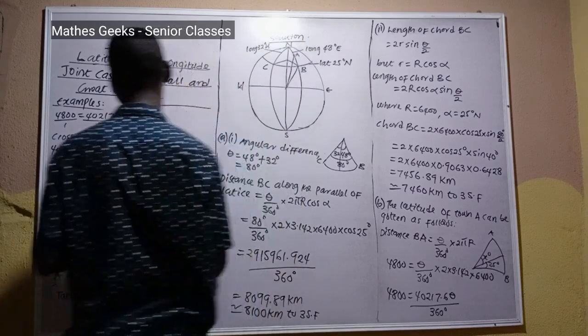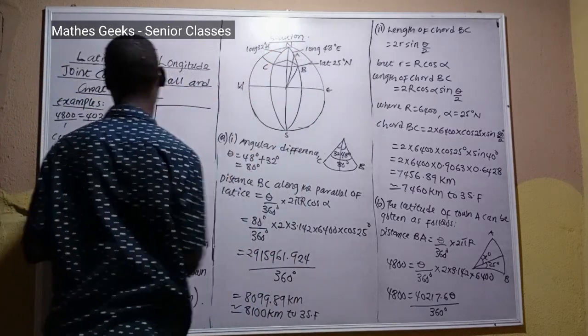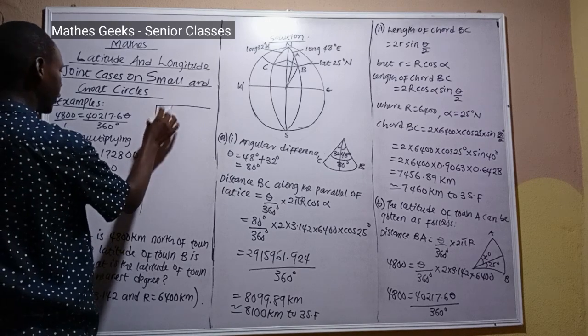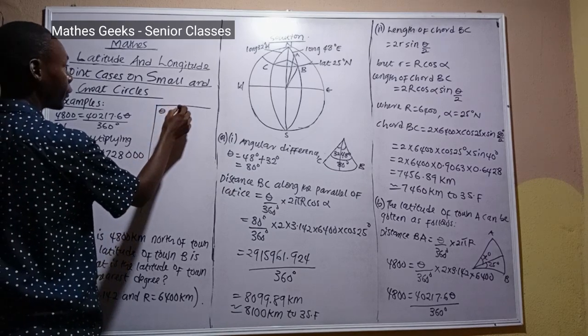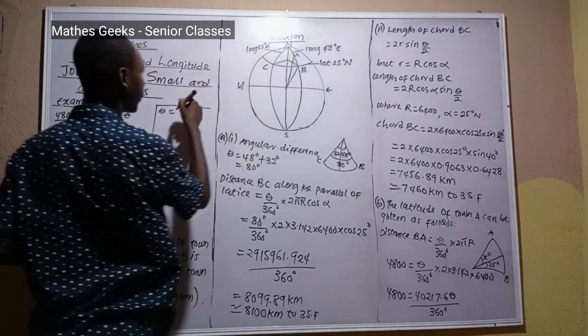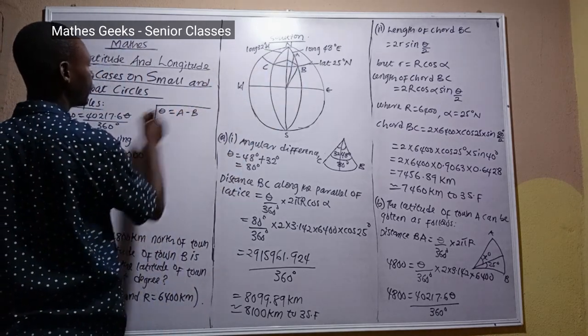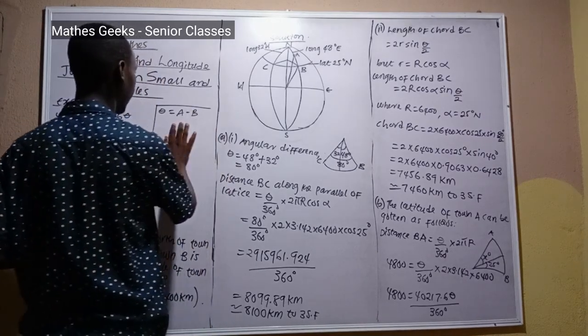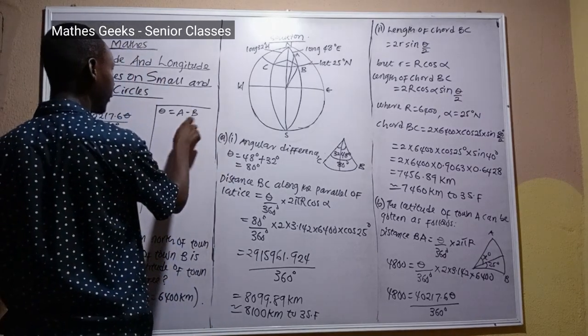In this case, we are looking for latitude A, and theta is the angular difference.